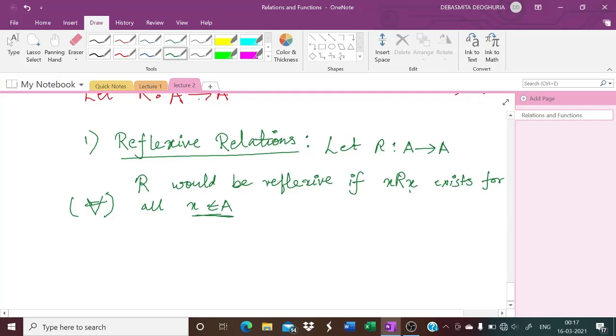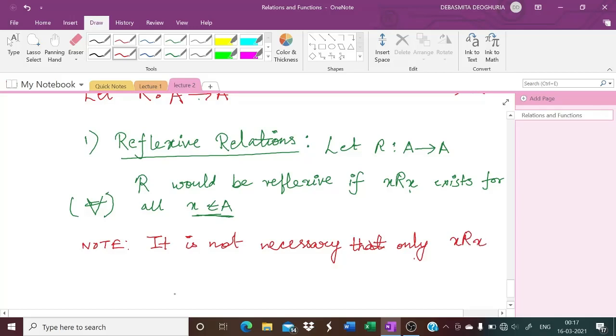Now one important point to be noted, write it as a note: it is not necessary that only X related to X exists for a relation to be reflexive.